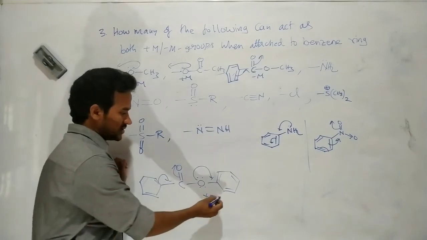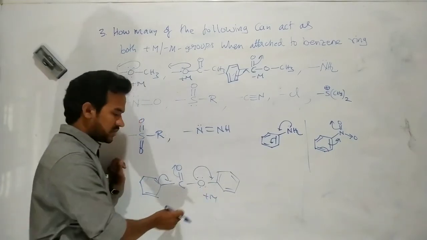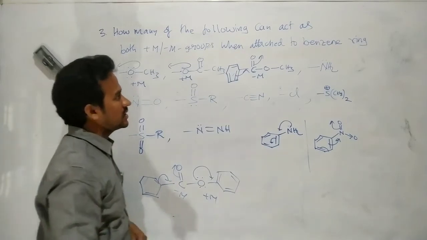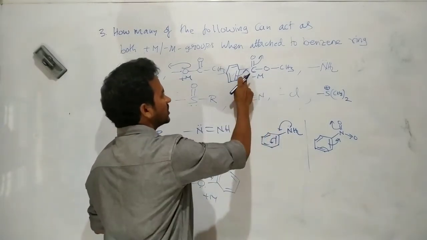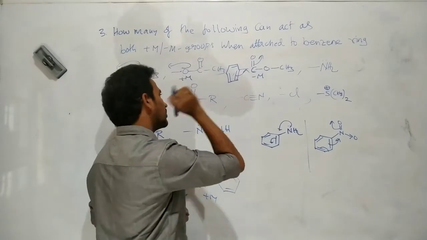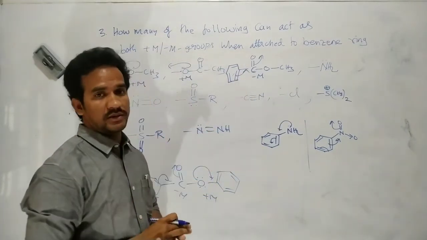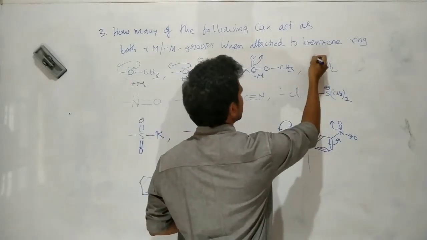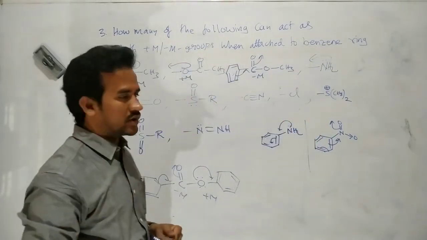This benzene has a plus M effect of this lone pair, and this benzene has a minus M effect of this C double bond. But here there is a CHO group. Benzene is attached to the C double bond O, so that acts as a minus M group only.